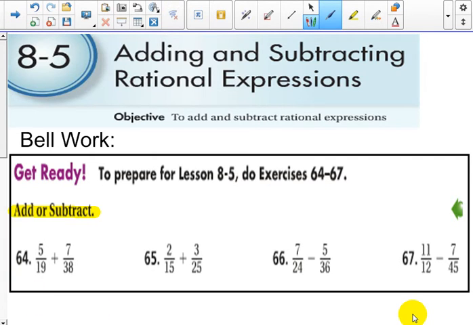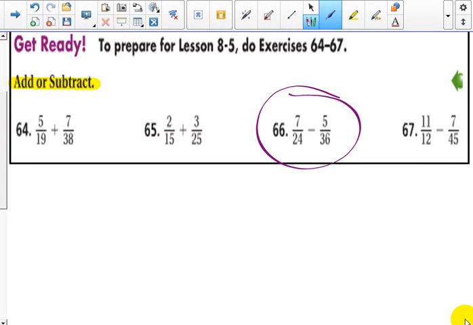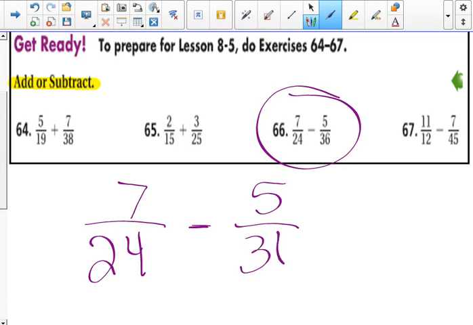Just for grins, why don't you work number 66 on your calculators real quick, and I'll write it bigger. It's 7/24 minus 5/36. I'll do it too. I hear you guys clicking those so fast.